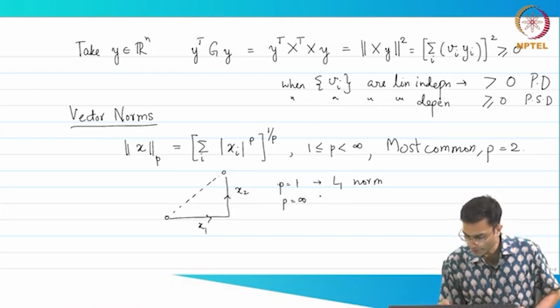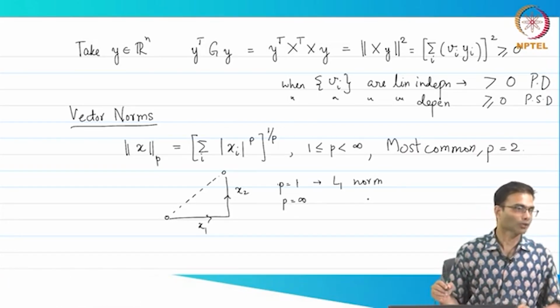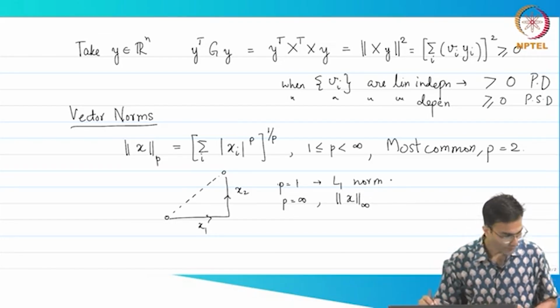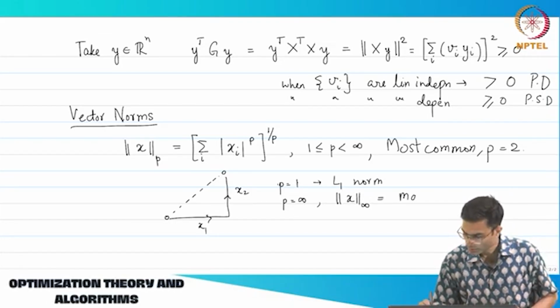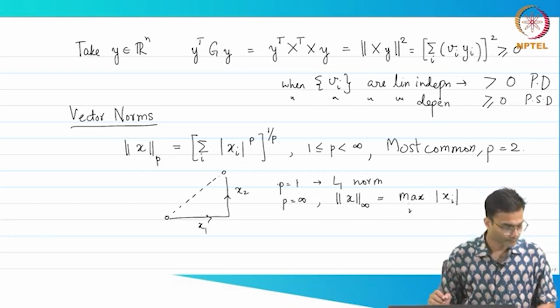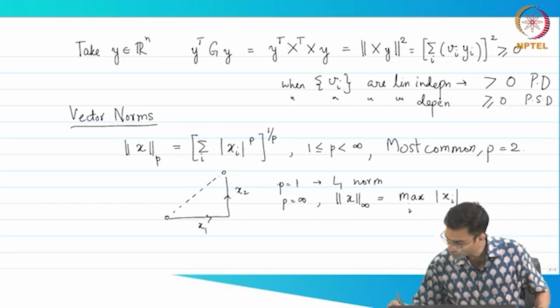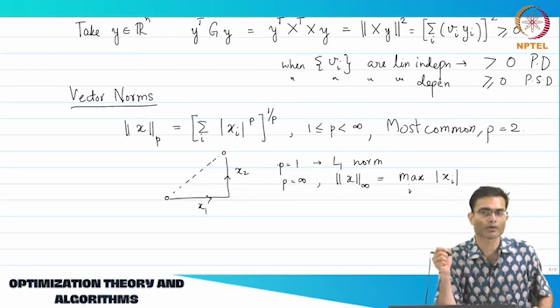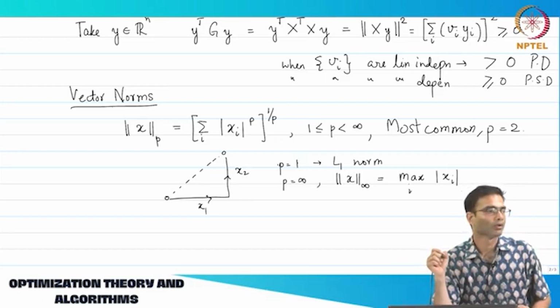P equal to infinity is also an interesting norm. It comes up often. And it's simply the maximum value of xi over all i. Okay. So these are useful things. So in this course, for the most part, we are going to use P equal to 2.